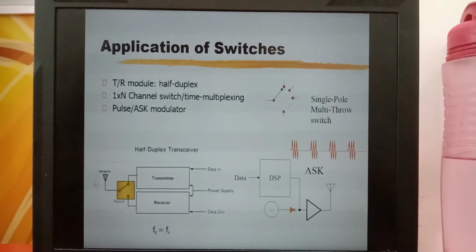An antenna can be used to transmit and also to receive signal. When a signal is to be transmitted, the switch is connected to the transmitter. When the transceiver is to receive a signal from the air, the switch is connected to the receiver.